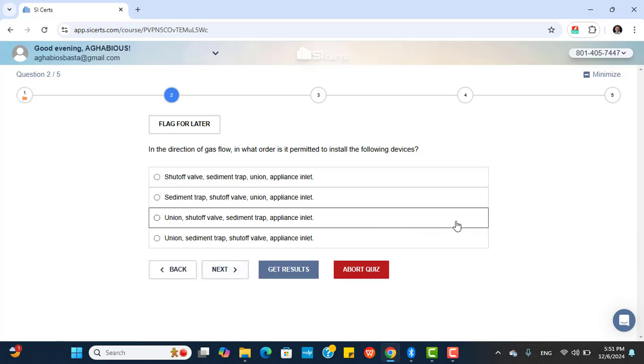In the direction of the gas flow, in what order is it permitted to install the following devices: shut-off valve, sediment trap, union, appliance inlet? Okay, this one.